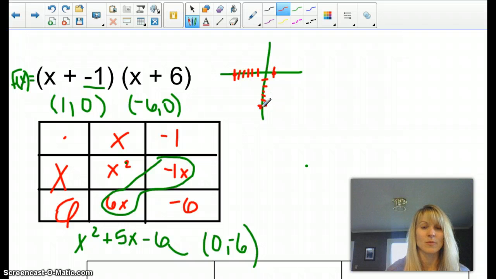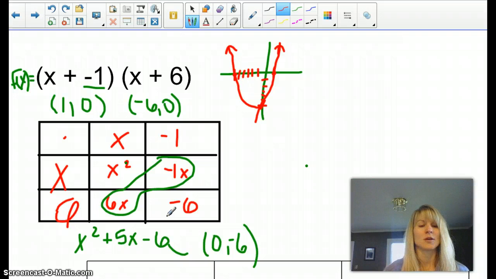We get that from all these different equations. The a right here is positive, so we know the parabola is going to point towards the positive. So this parabola is going to look something like this. You're going to need to be able to tell me that on your test tomorrow, or Wednesday, excuse me. You also need to know that -6 is the constant.